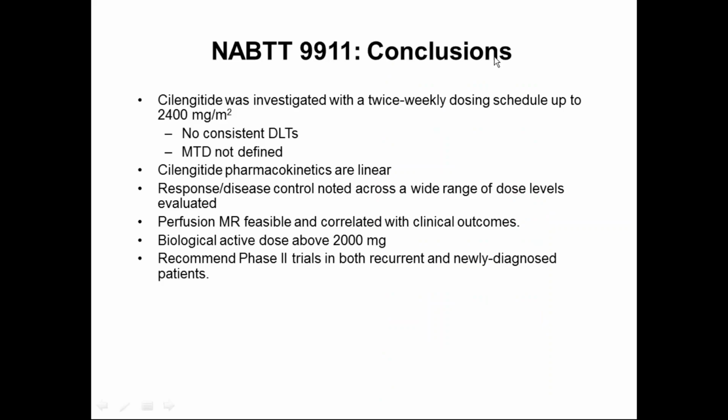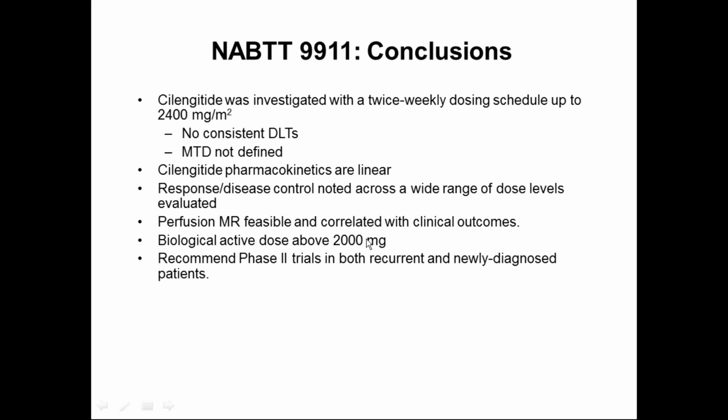So that actually helped us draw some conclusions in this phase 1 study that this drug, cilengitide, at this schedule, wasn't very toxic. The pharmacokinetics were linear. We saw responses. We could do perfusion MRI. It correlated with clinical outcomes, and we felt the biologically active doses were above this 2,000 milligram.